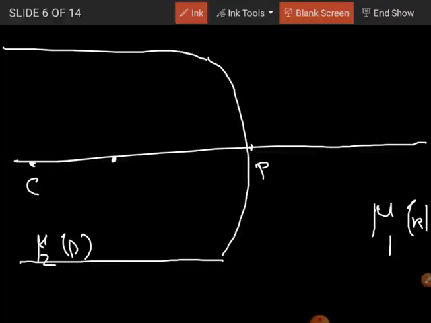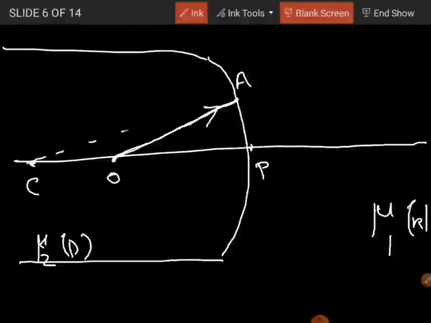Let's take your object somewhere here, and the ray is incident onto this. This is the incident ray, and the normal will be a line passing through the point of incidence, which we can call A. From C to A we draw the normal like this.